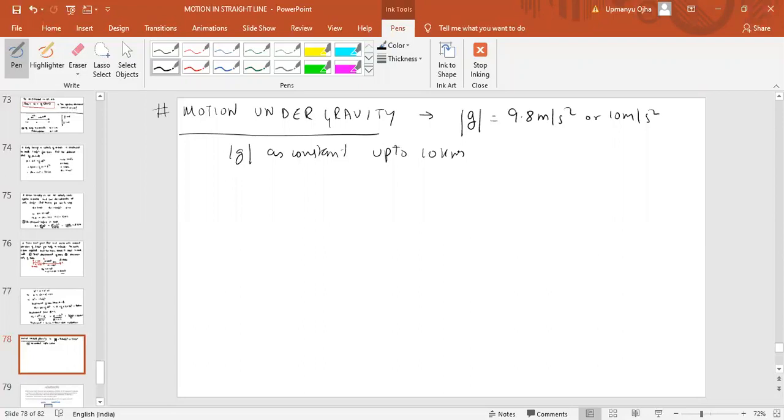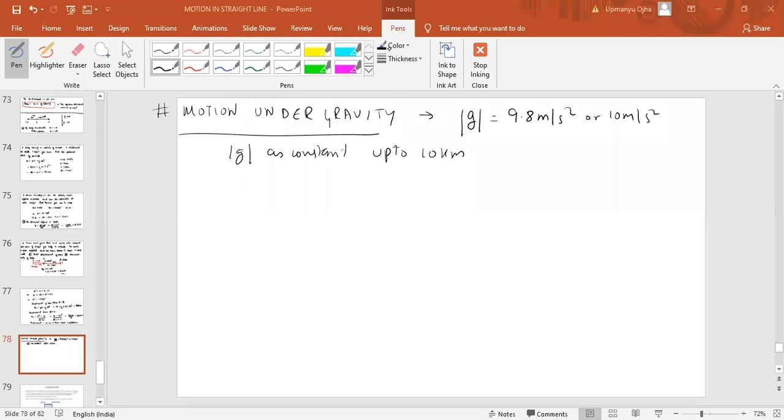It is very much less than that. So if you drop something from the Burj Khalifa also, g will remain constant. Whenever we are dealing with the kinematics of motion under gravity, we assume g as constant, but g is not actually constant. It will change when you go beyond 10 kilometers.